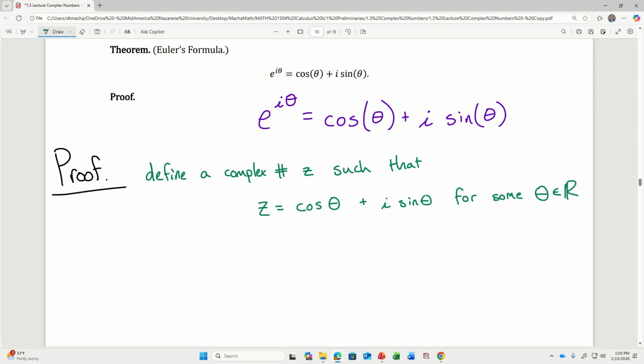So that double struck R symbol means it has to be a real number, or it means the set of real numbers. The little symbol next to it that looks like a lazy E means belongs to. That's just a math notation symbol that says theta belongs to the set of real numbers.